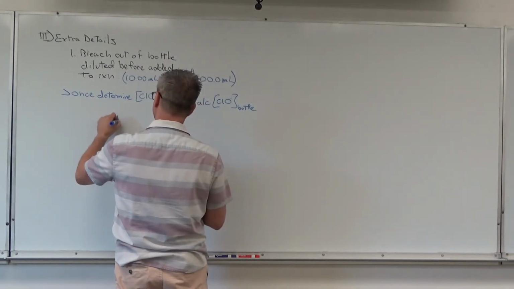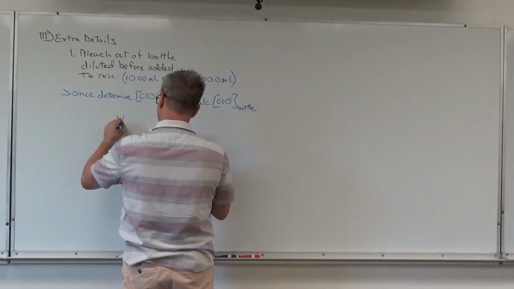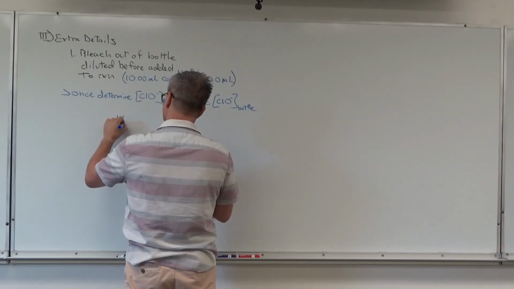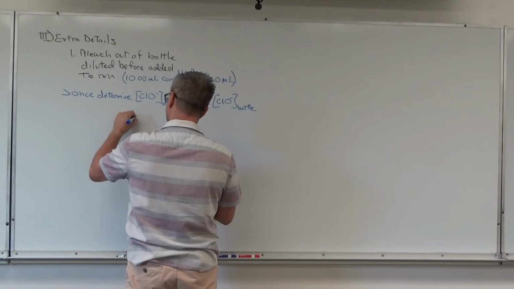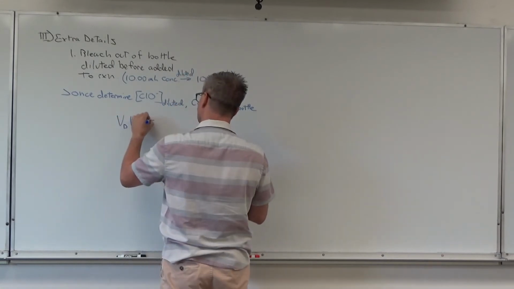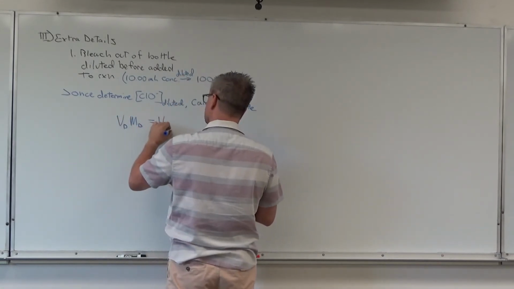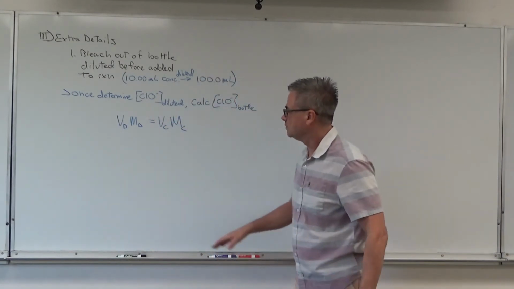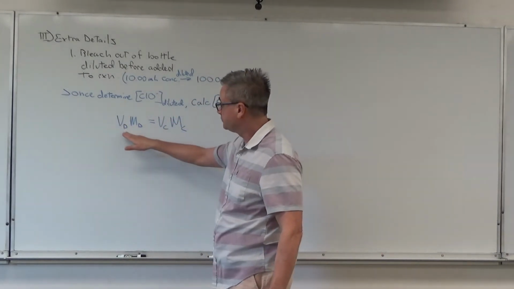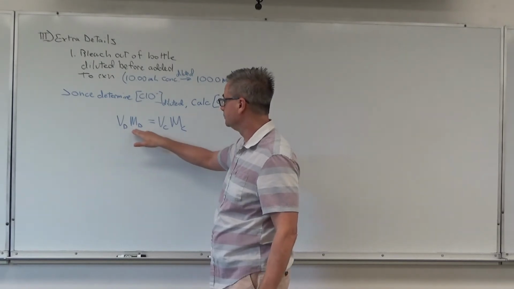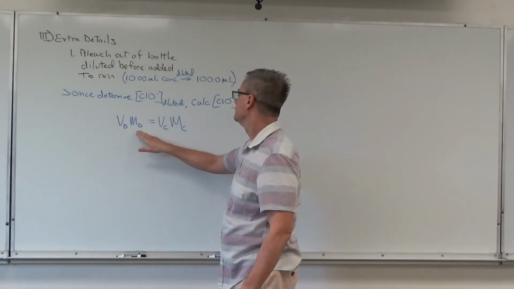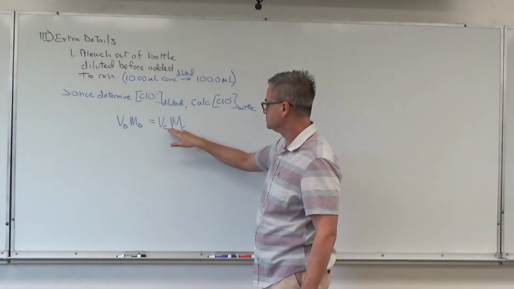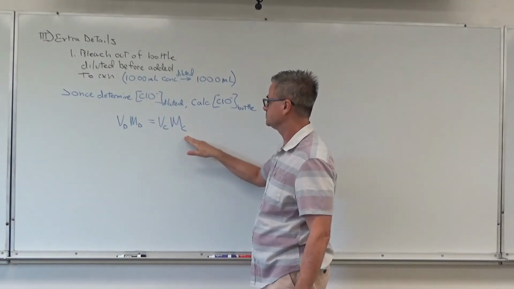Sometimes teachers use V1, M1; I use VD, MD. So VD MD equals VC MC. This is the volume of the diluted solution, this is the molarity of the diluted solution, this is the volume of the concentrated solution, and this is the molarity of the concentrated solution.